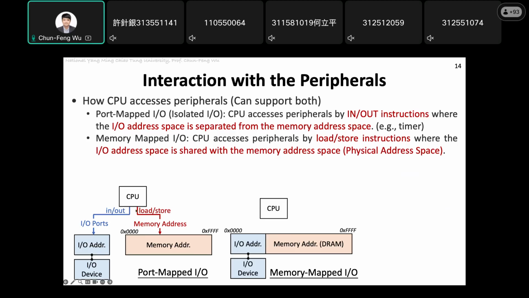With port mapping, if you have 4 GB, then you use 32 bits to address the memory address space, and the IO address uses another address space. Because it is another address space, you need extra instructions, and the CPU must support different instructions. With memory mapped IO on the right-hand side, you can use load and store instructions for both IO and memory addresses.